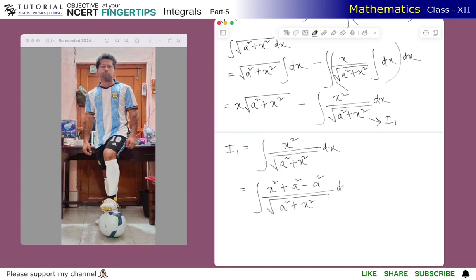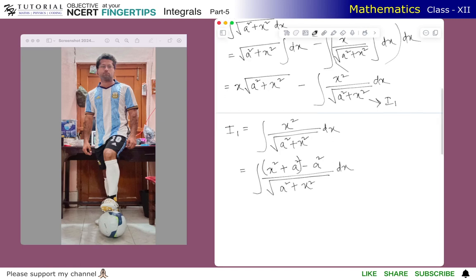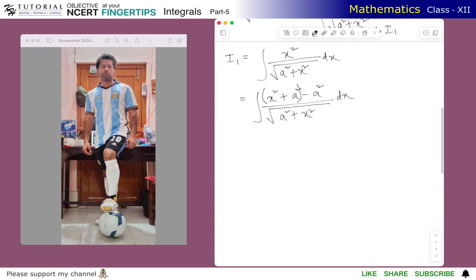If we split this term into two terms, we get root over a square plus x square dx minus a square by root over a square plus x square.